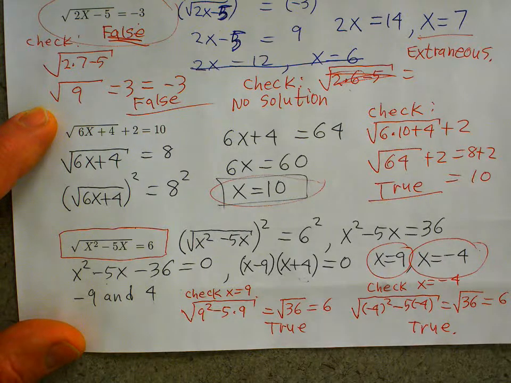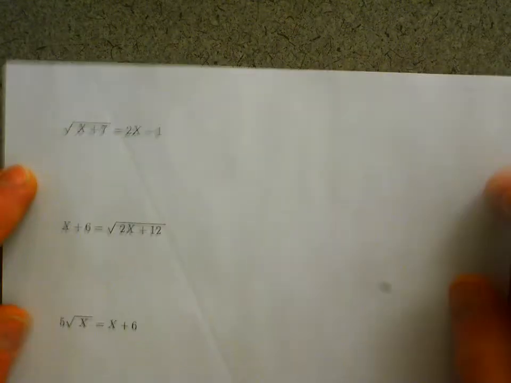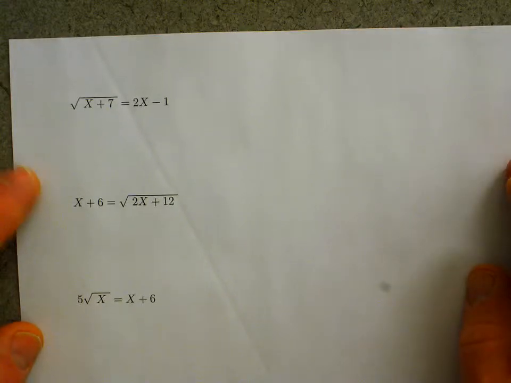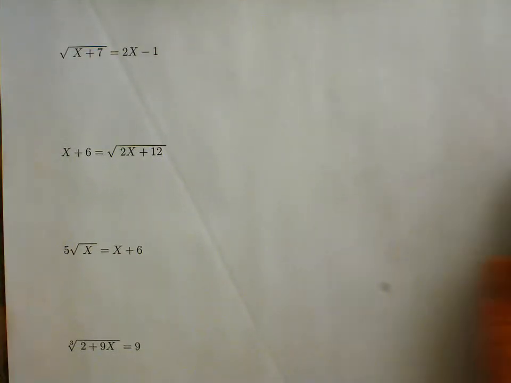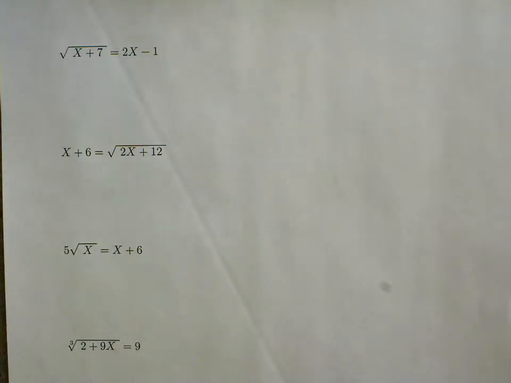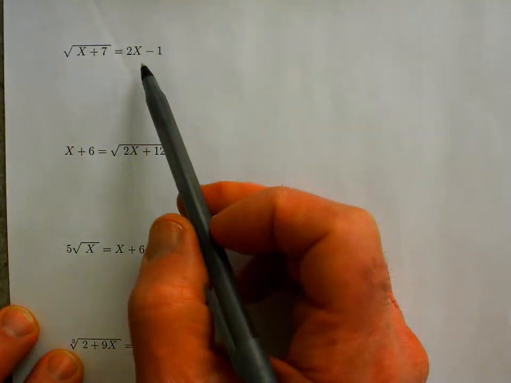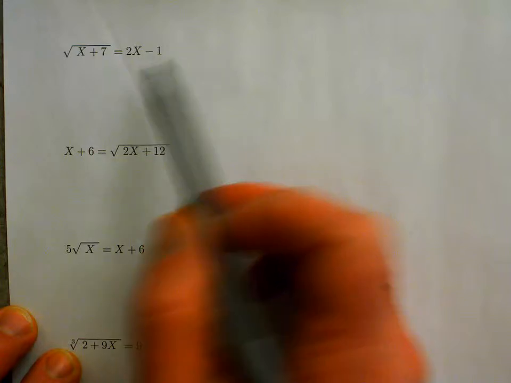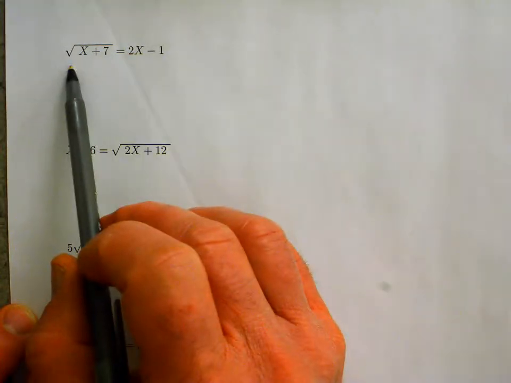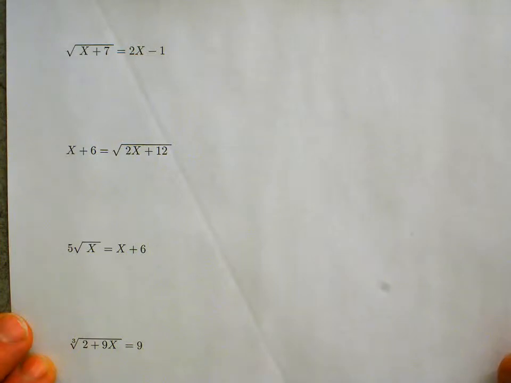Now the next page. So this time we have the square root of x plus 7 equals 2x minus 1. So the right-hand side has a variable in it, so since x could potentially be positive or negative, we can't tell from the outset if there are going to be extraneous solutions or not.